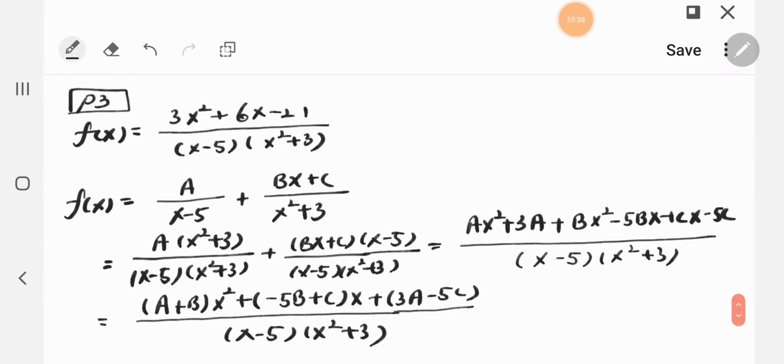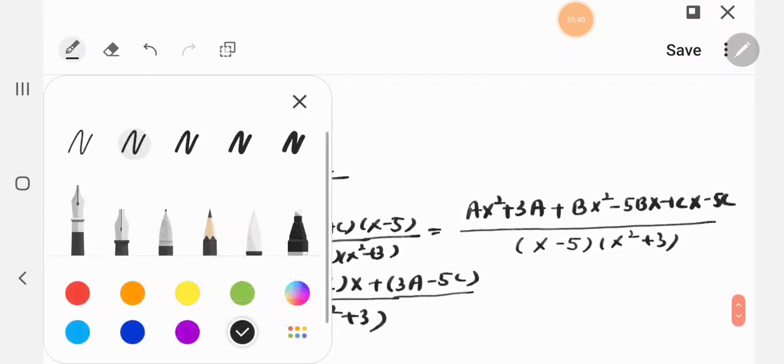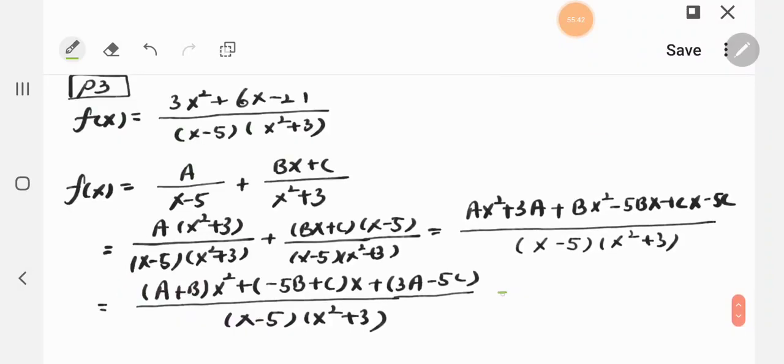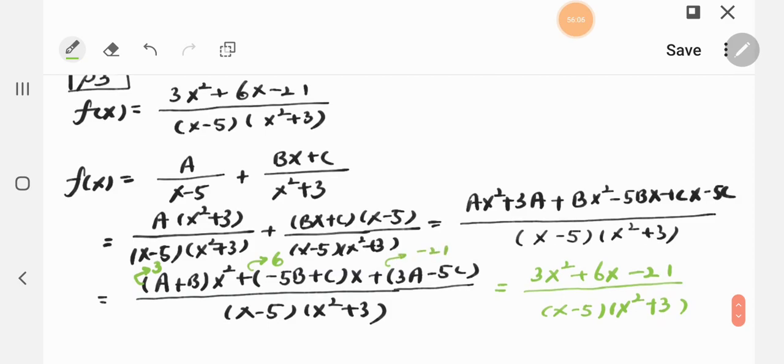All right, then let's rewrite this. This should be equal to the original function, 3x squared plus 6x minus 21 over x minus 5 times x squared plus 3. So the coefficient of x squared should be equal to 3, the coefficient of x is equal to 6, and the constant has to be equal to negative 21.